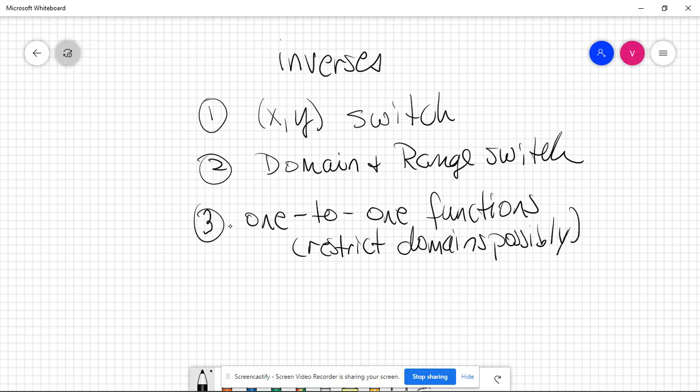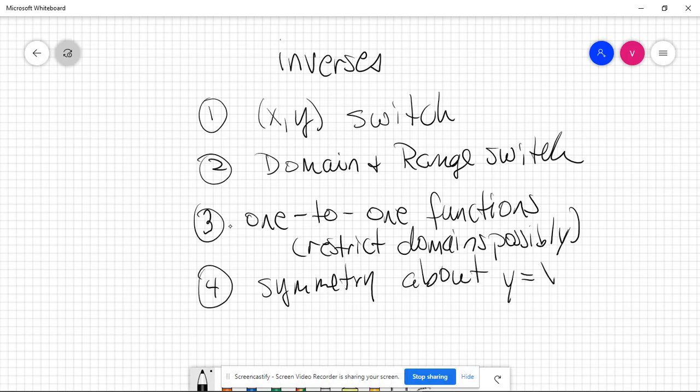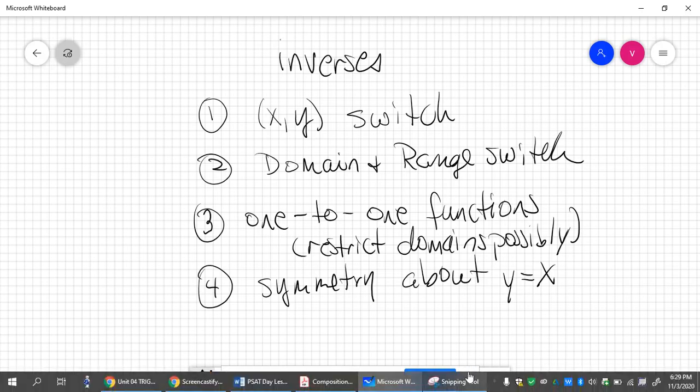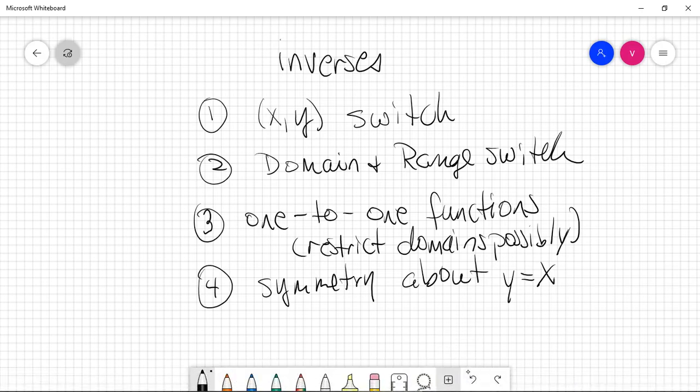Maybe not for sure, but it has to be one-to-one. And the fourth thing is that you have symmetry around the line y equals x. So you have to know these 4 things. You have to know those 4. 1, 2, 3, 4. Must know.